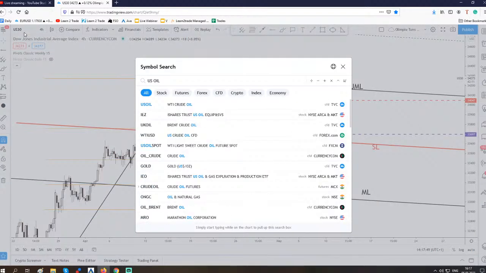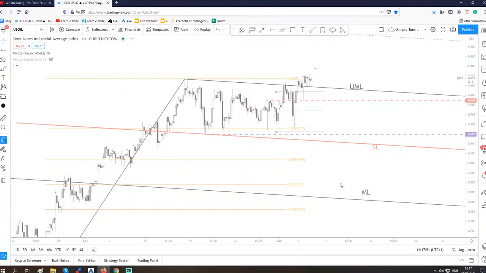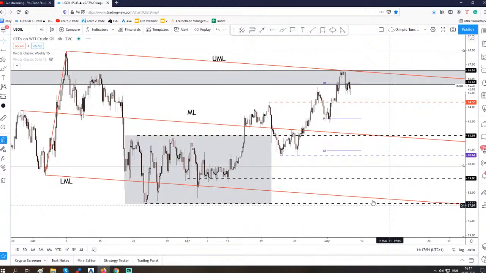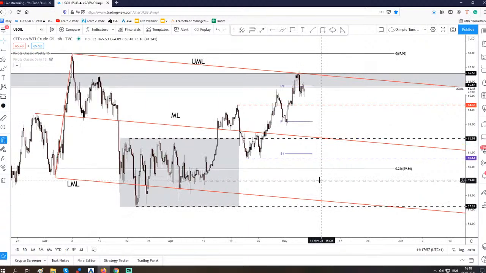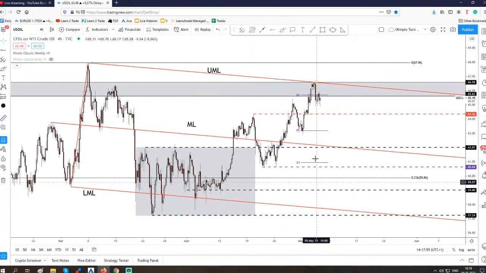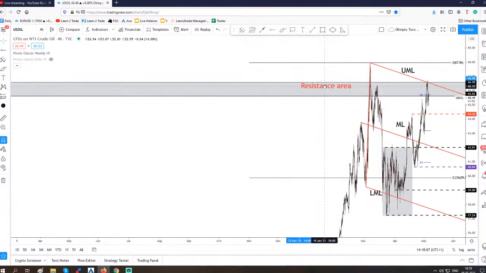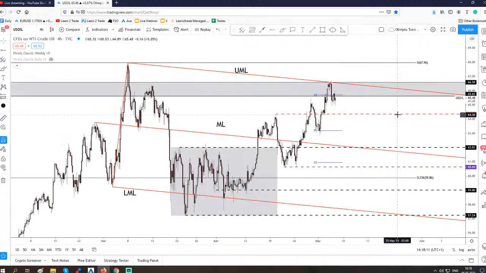US oil, guys, the bias is still bullish here as well. The price of the US oil has reached a strong resistance area between these levels, 66.58, 65, 62.